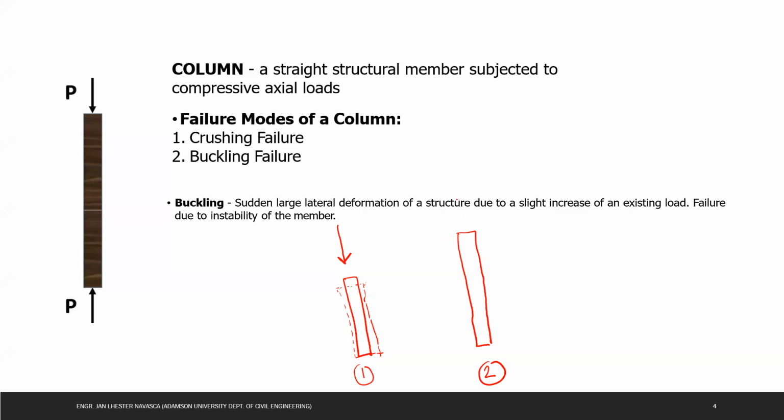However, if your column is relatively long, or we call it a slender column, we are expecting a buckling failure, like this one. Generally, crushing failure often occurs in small or non-slender columns, and buckling failure commonly occurs in long or slender columns.